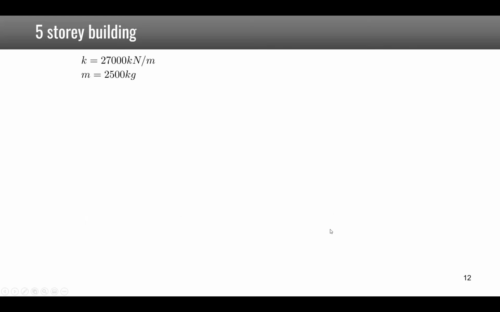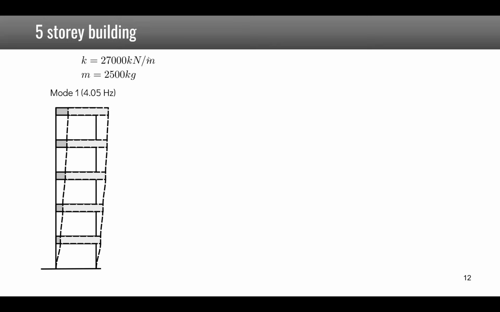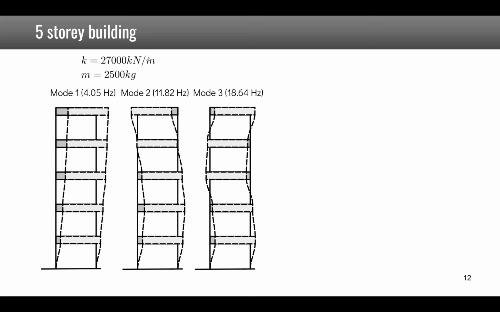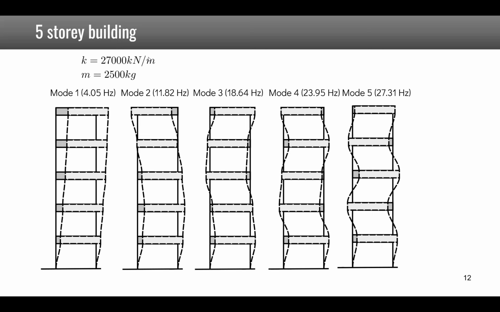And so for the given values which are here above, you can compute the mode shapes and give some kind of representation. So you have the first mode at 4 Hz, second mode, third mode, fourth mode, and fifth mode. And you see that as you go higher and higher, the wavelength of the mode is shorter and shorter.